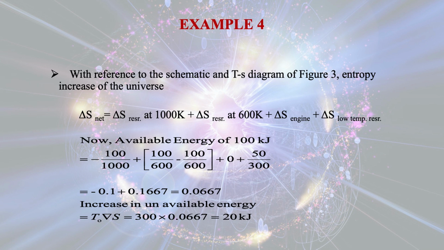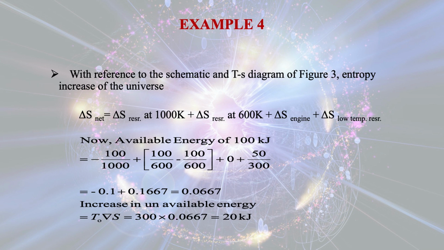Now let us see how we can get the expression for the net change in entropy. Del S net is equal to del S of the reservoir at 1000 Kelvin plus del S of the reservoir at 600 Kelvin plus del S of the engine plus the change in entropy for the low temperature reservoir. Now how can we calculate this for the available energy of 100 kilojoule?